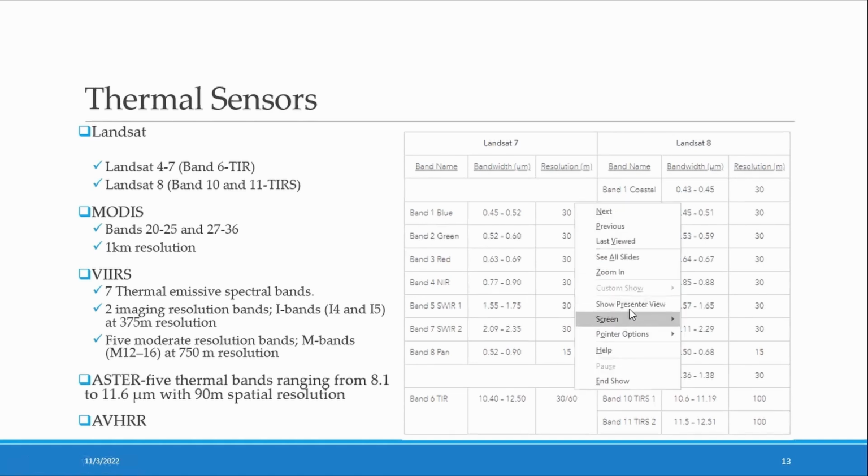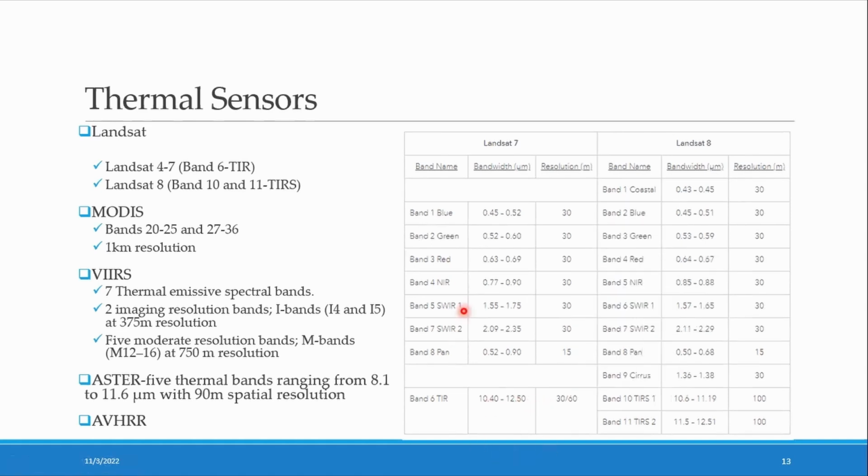So maybe I can show you where that is. This is what I'm talking about. Landsat 4 to 7 have the same number of bands, which are 8 bands, and only band 6 is a thermal band. It is at 60-meter spatial resolution, but resampled to 30 meters. Whereas Landsat 8 and Landsat 9 have two thermal bands, band 10 and band 11, at 100-meter resolution.